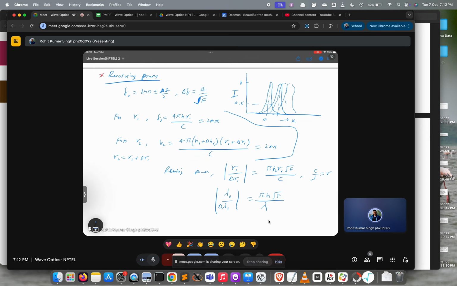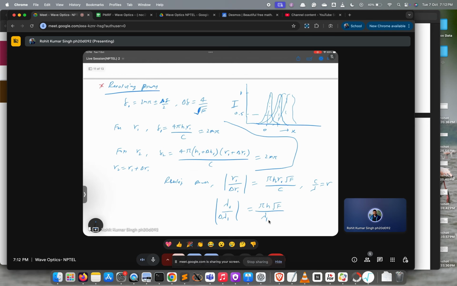This will also be useful. But did you understand which two spectral lines we will call resolved? This is the condition of the resolution. Yes, sir. Yeah, they should be coinciding at half of the intensity. If they come closer than that, then they will not be called resolved.